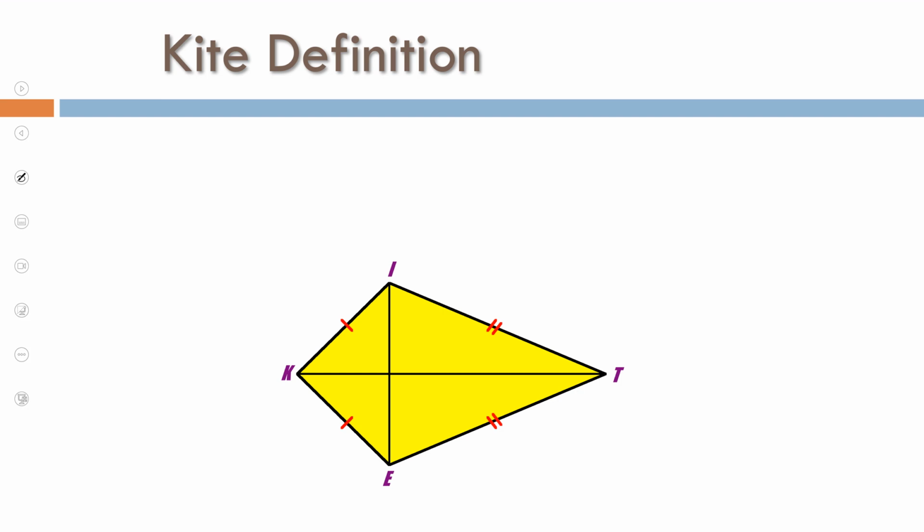Let's start easy. What kind of thing is it? It's a quadrilateral, I like that. However, is it a parallelogram? No, not a parallelogram. Okay, so it is a quadrilateral with what?